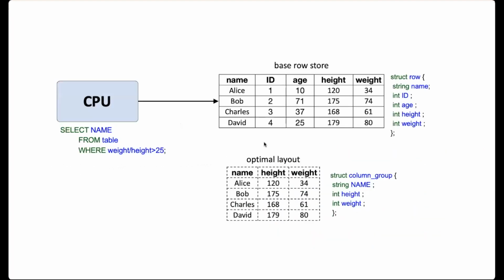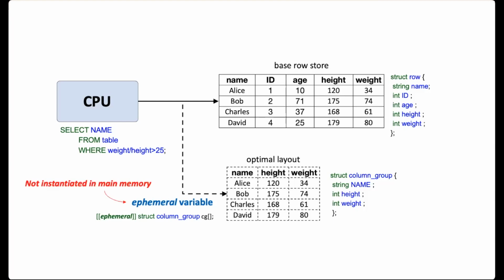Ephemeral variable identifies the specific subset of columns to access. For example, if the query requires only 3 fields out of 5, then the ephemeral variable points to an optimal layout that contains only these 3 desired columns. However, it is not instantiated in the memory since the ephemeral variable is mapped to a fake address.